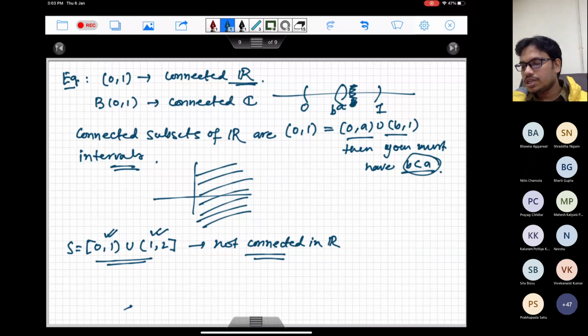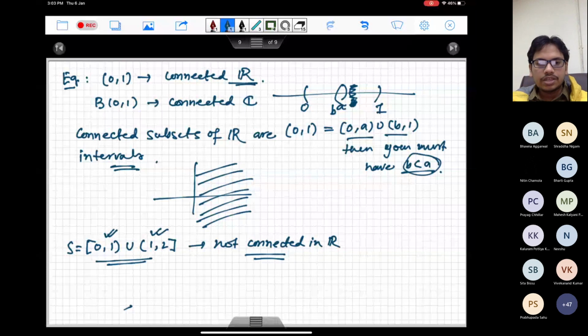Therefore this set is not connected in R. You can keep these examples in your mind. There are several kinds of connected sets in the set of complex numbers, but in R you only get the intervals as connected sets.